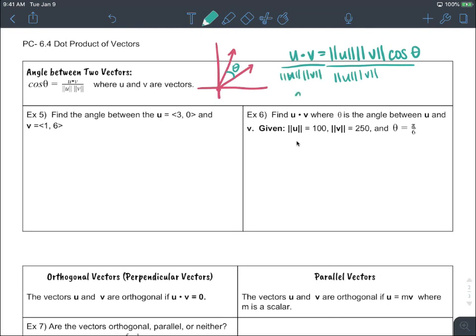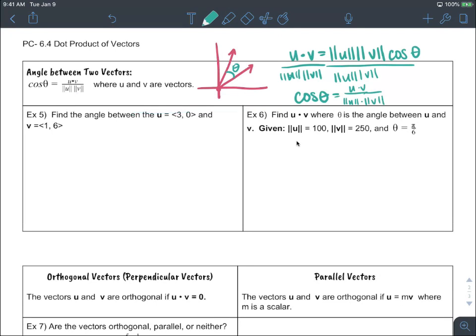So we get the cosine of theta is equal to the dot product u times v over the magnitude of u times the magnitude of v. Then you have to take the cosine inverse. So let's do one.